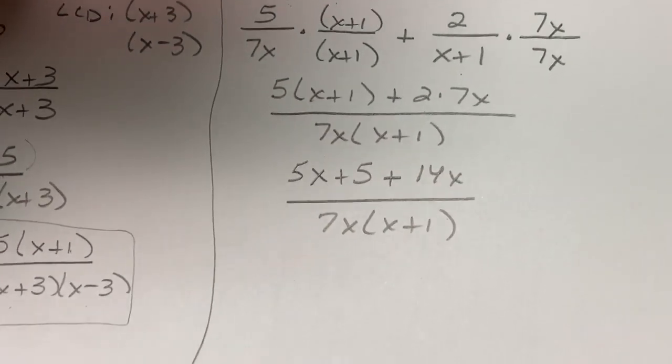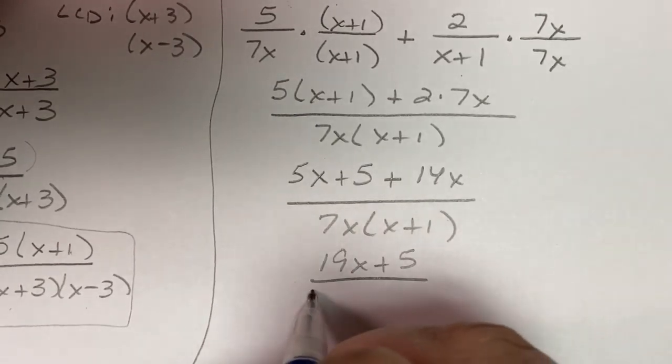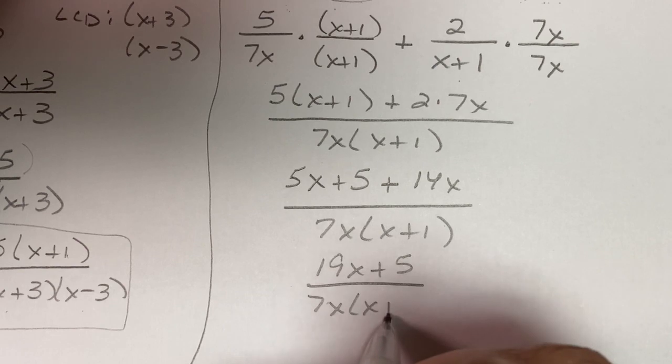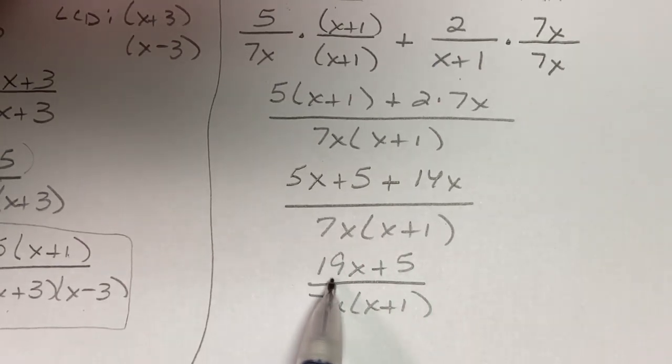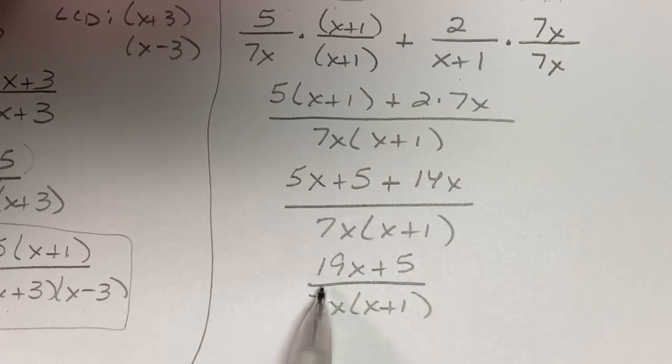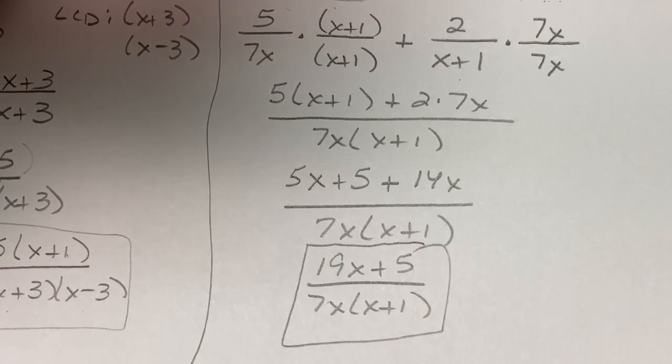And finally, if I combine like terms, I'm going to get 19x plus 5 over that common denominator. Can I do anything to factor this numerator? Any GCF? Nope. So that is our final answer.